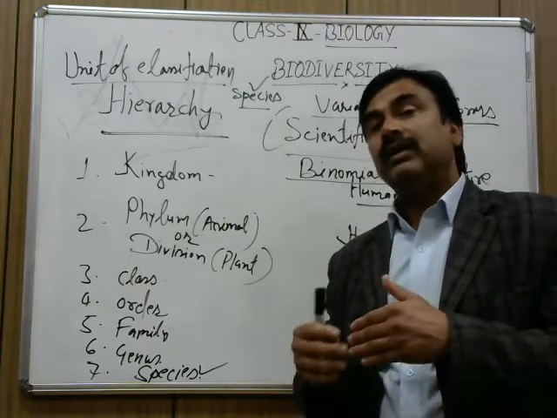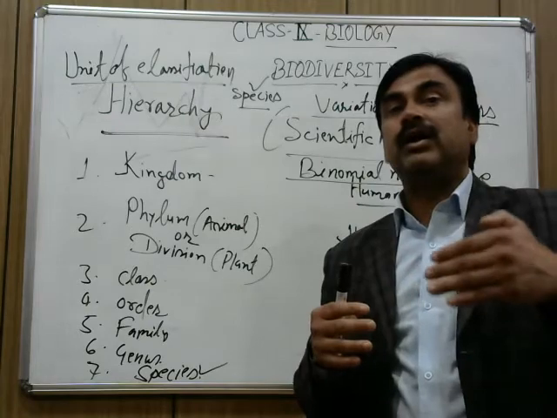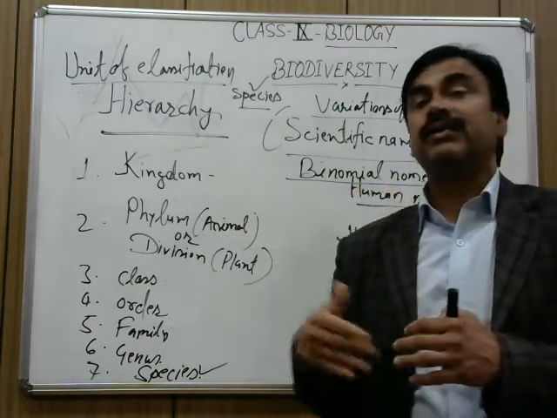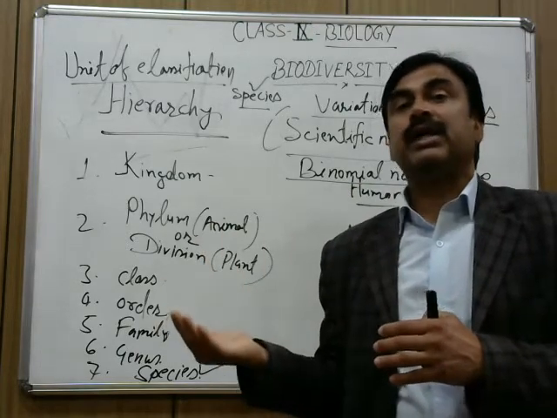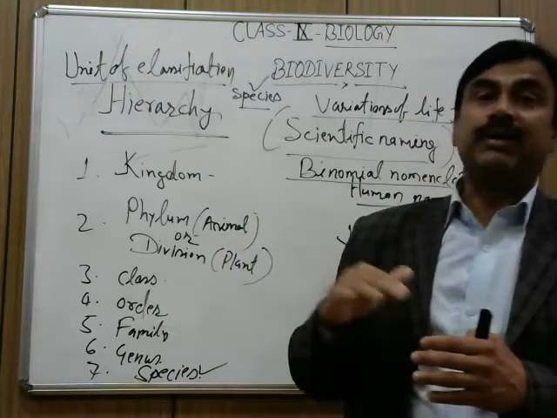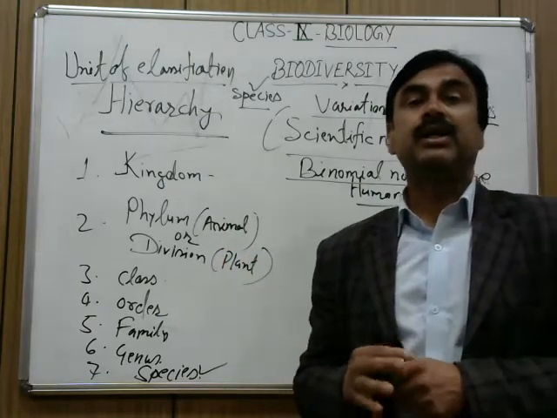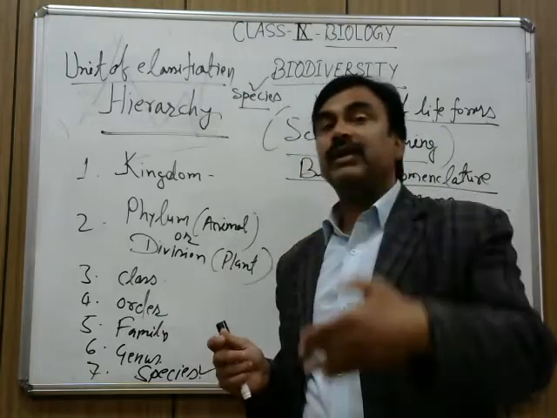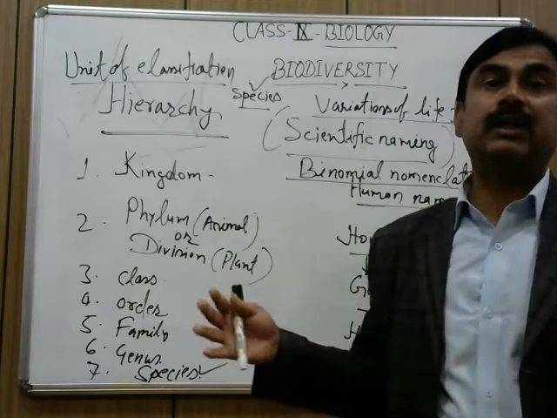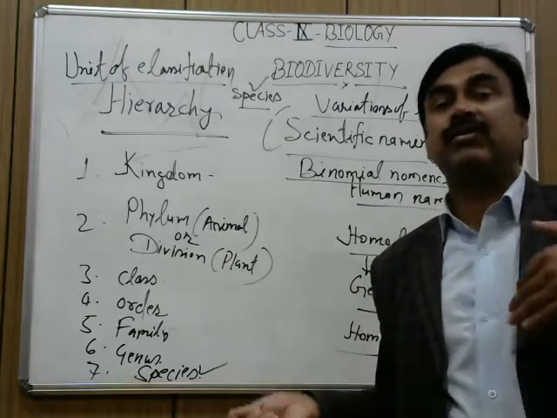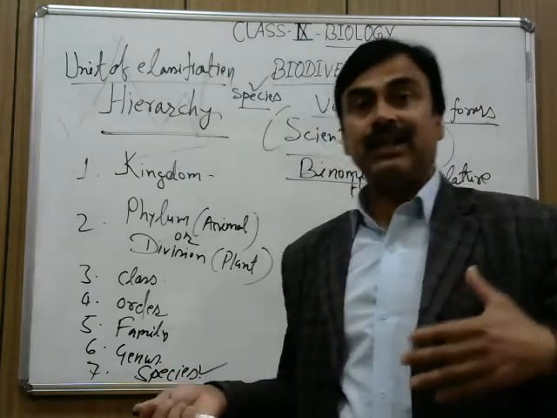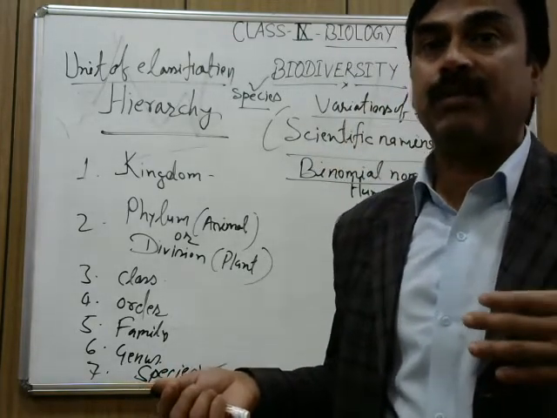Like when you go in the lab or reach your garden, you can classify which are herbs, which are shrubs, which are bryophytes, pteridophytes, gymnosperms, which are flowering and which are non-flowering, meaning cryptogamous and phanerogamous. There are two categories of plants: cryptogamous, non-flowering, and phanerogamous, where all flowering plants are kept.